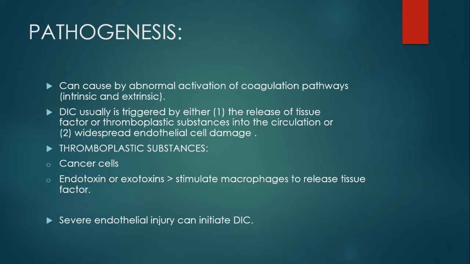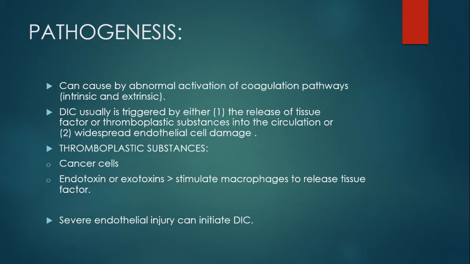So DIC is usually triggered by release of tissue factor or widespread endothelial cell damage. Widespread endothelial cell damage exposes von Willebrand factor and collagen that can cause the adhesion of platelets to the endothelium and leads to formation of a platelet plug and blood clot.